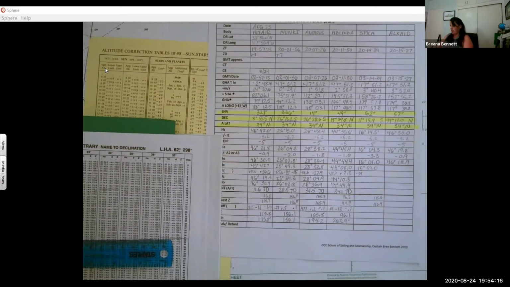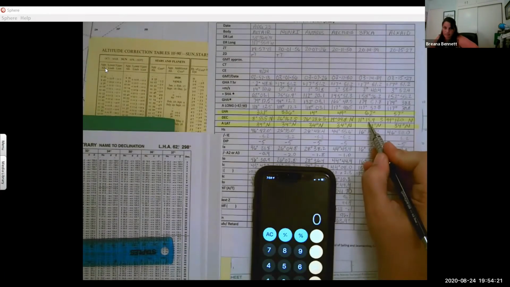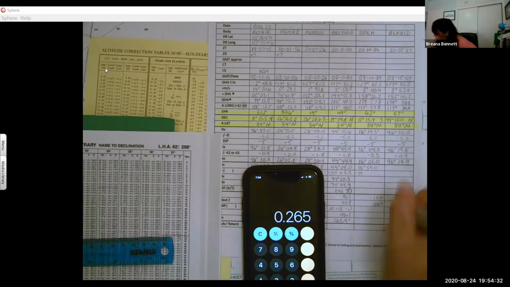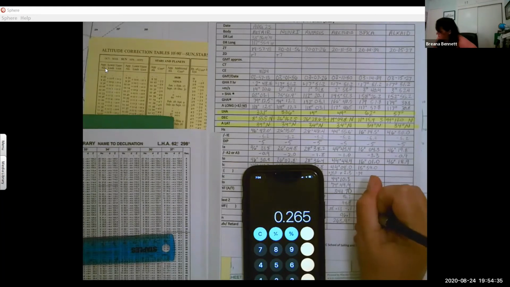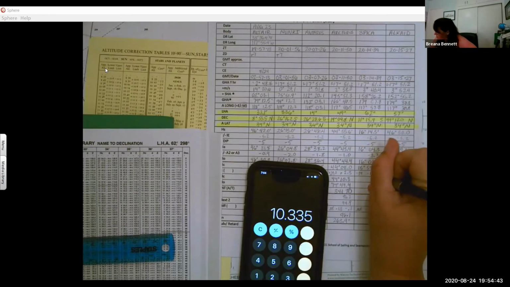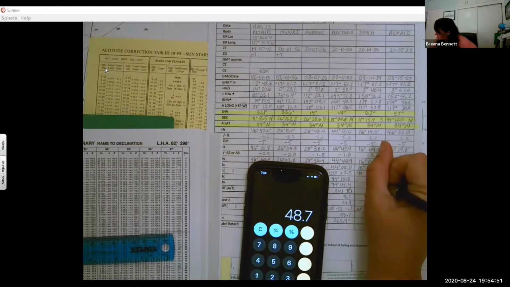Okay, so to the calculator. Our remainder here is 15.9, so give or take 0.25. 15.9 divided by 60 is 0.265, multiplied by the 39, and we get our correction of minus 10.3. So we have 59 minus 10.3, which gives us 48.7.